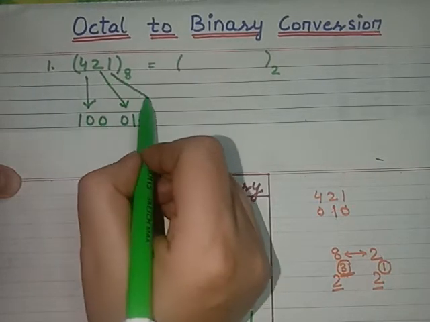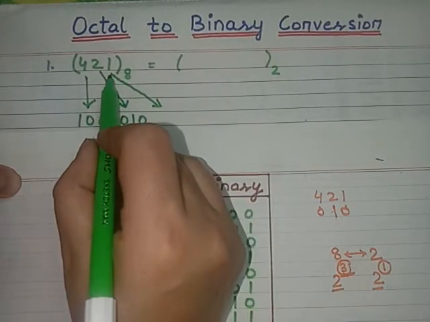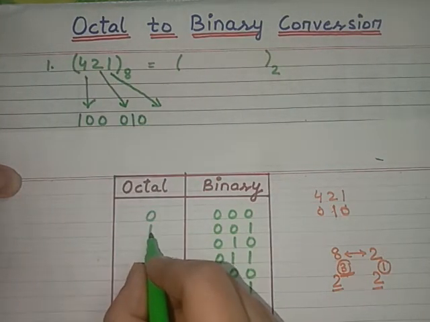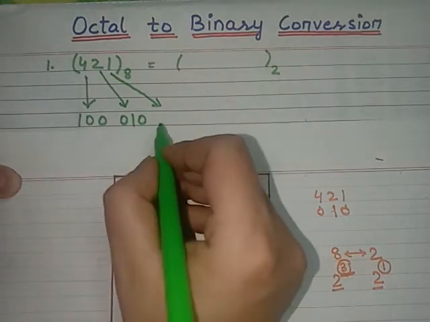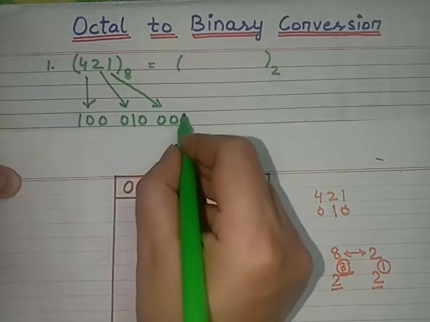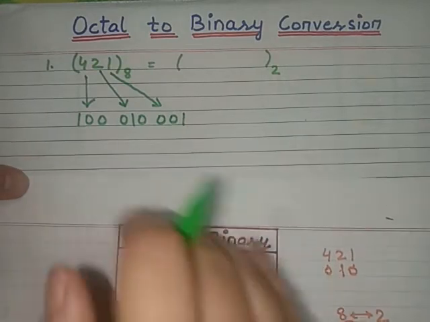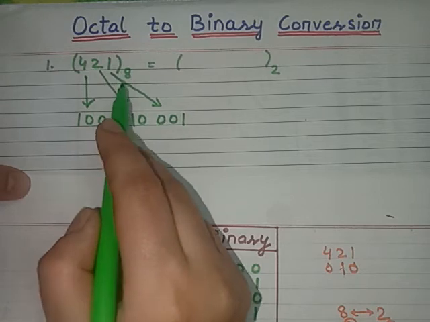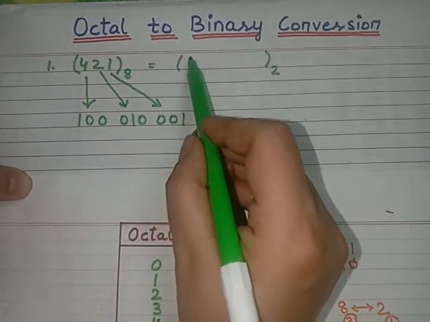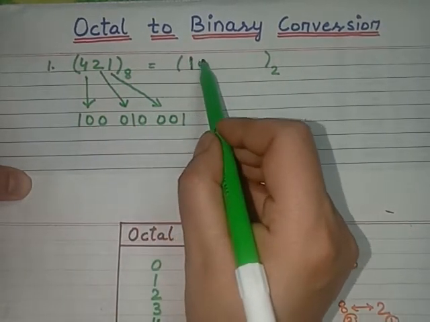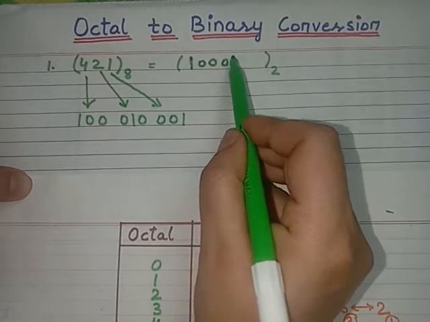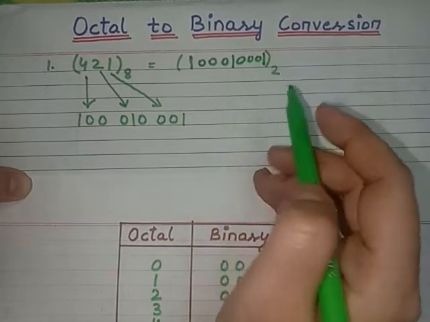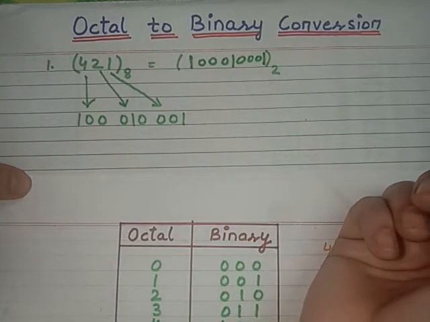Next I am considering the 1, and the binary code of the octal number 1 is 001, so I write 001, and that's it. Now the number 421 in the octal number system is equal to 100010001 in the binary number system, right?